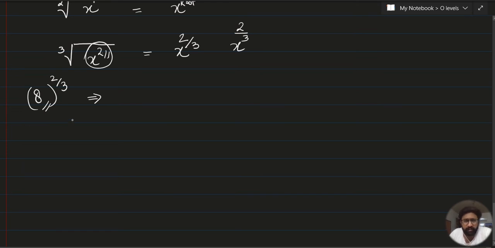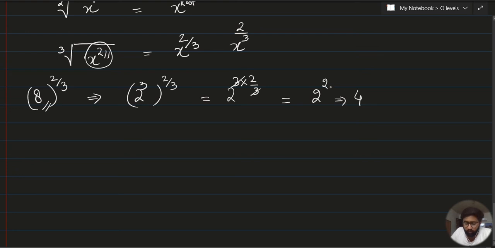Can you find a number that is in a power form and gives you 8? Yes, it is 2 power 3. So instead of 8, I am going to write it as 2 power 3, and on top of that there is going to be 2 by 3. You are very well aware कि पावर की पावर होती है तो वो मल्टीप्लाई होती है. It is going to become 3 multiply by 2 by 3. ये फ्रैक्शंस आपस में सिंप्लीफाई होंगी and you are going to get 2 power 2, which is going to give you an answer of 4.